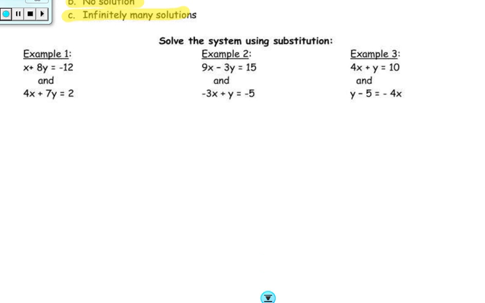My first problem says x plus 8y equals negative 12 and 4x plus 7y equals 2. The first step said to look for one of the variables that's by itself and get it by itself. So when I look at example 1, the easiest letter to get by itself is going to be that x.